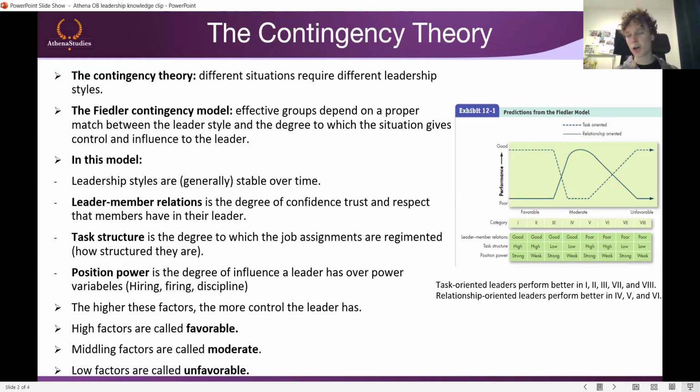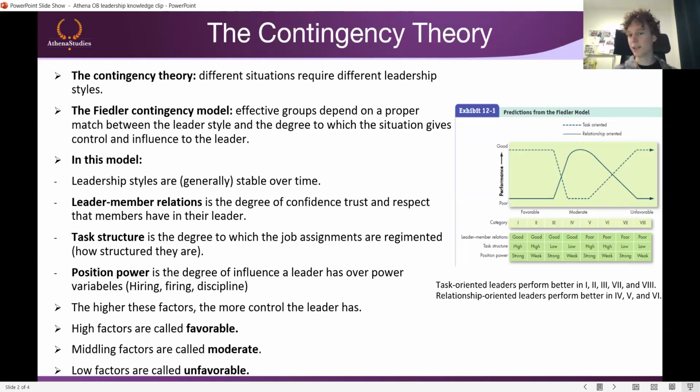And B, it shows us that it does not always have to be a linear relationship between the lowering and raising of factors and the performance of certain leadership styles. We can see that both our task-oriented and relationship-oriented leadership styles can just move around based on where they are.